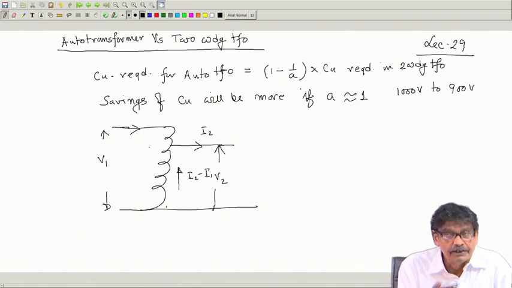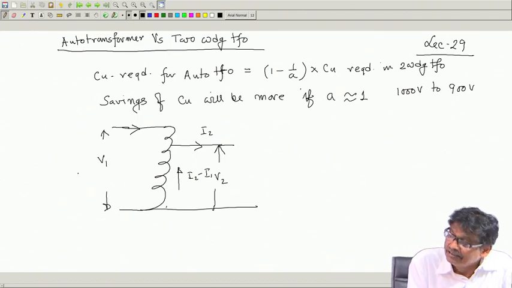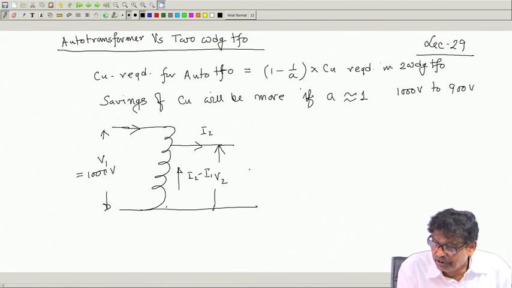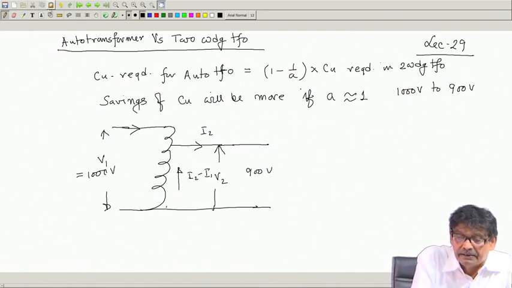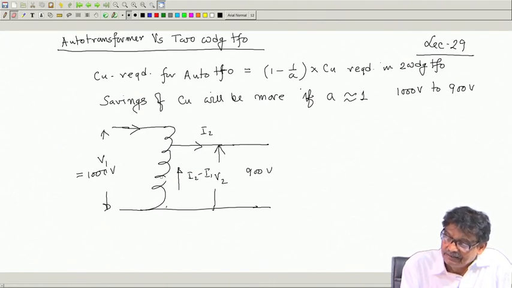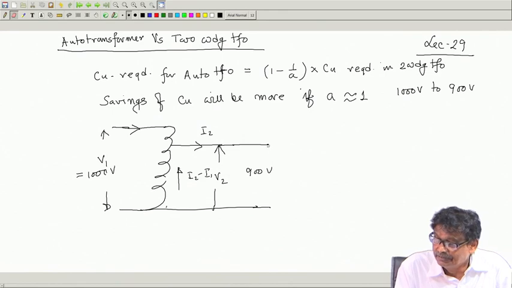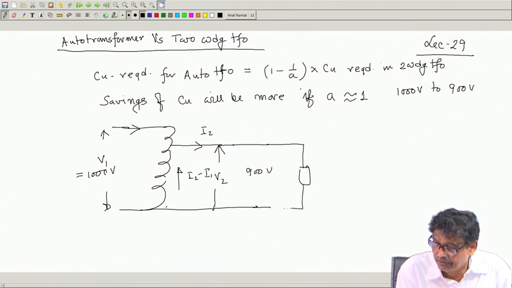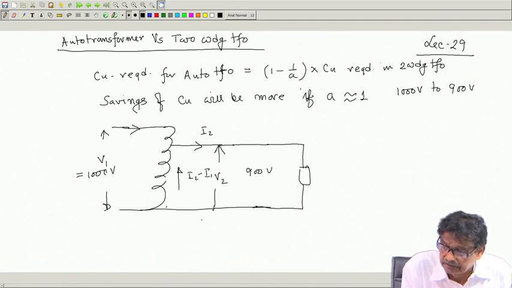The problem of isolation you cannot avoid, that is there. But look, if this is of the order of 1000 volt and your load requires 900 volt, and now an open circuit takes place here in the common part of the winding, then the voltage across the load will certainly not be 900 volt, it will shoot up via this path, supply will come via this path.